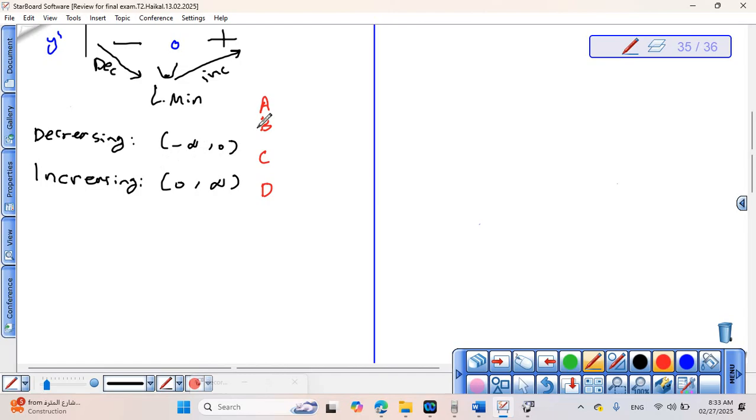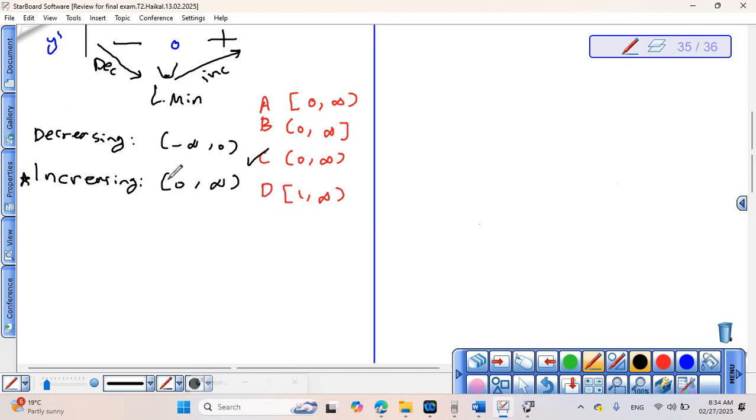For example, the increasing interval maybe from 0 to positive infinity, or from 0 to infinity like this, or maybe from 1 to positive infinity. Which one is right? C for this increasing interval. Be careful, you should open from both sides. This is a very important point for you.